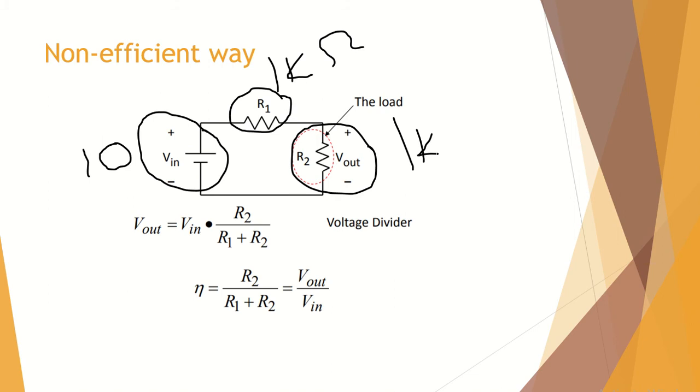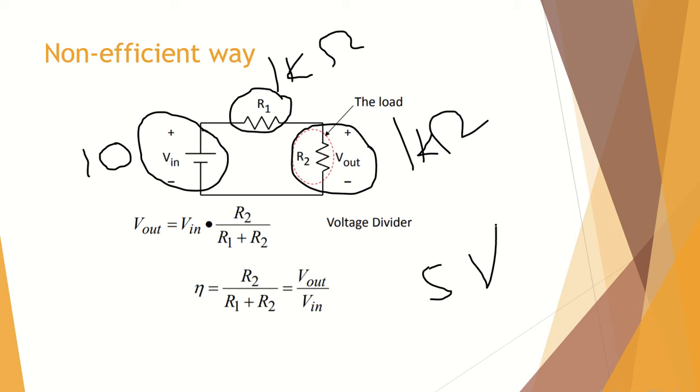1 kilo ohm. So what will you get? You will get 5 volts at the output. So this is also an inefficient way of converting a DC voltage of any value to a DC voltage of another value, or you can use the term stepping down the DC voltage.